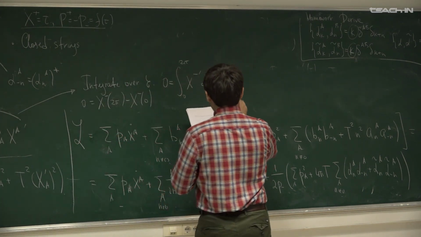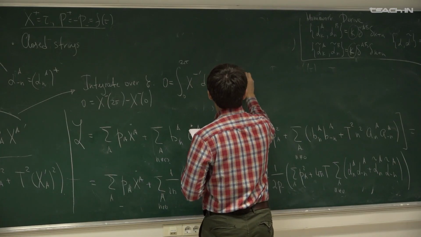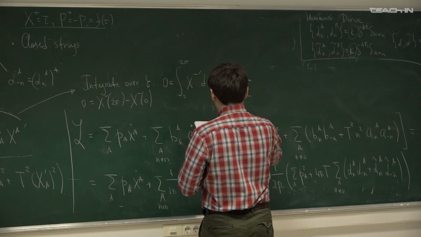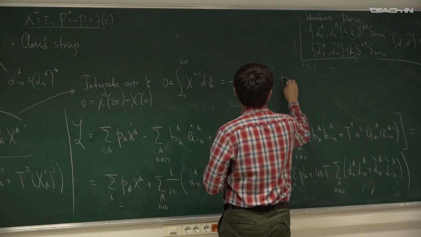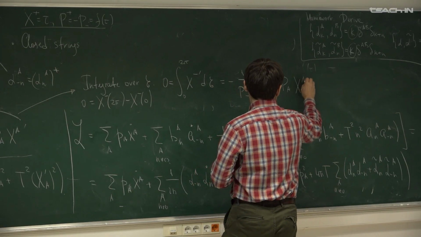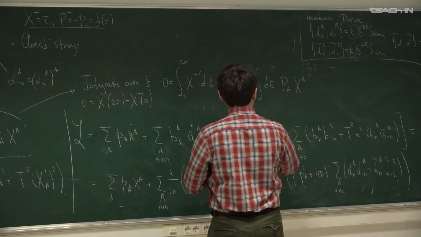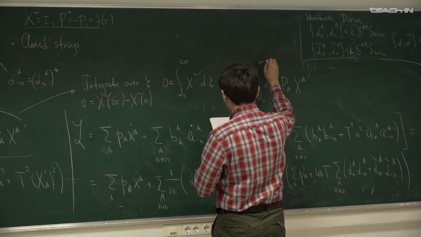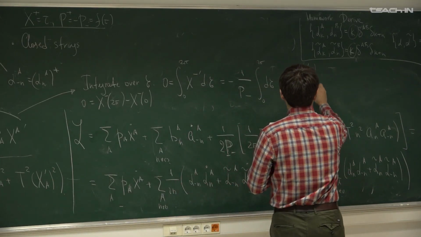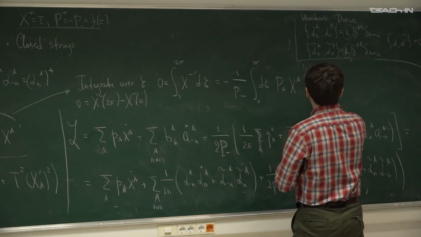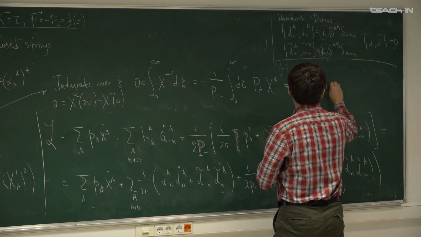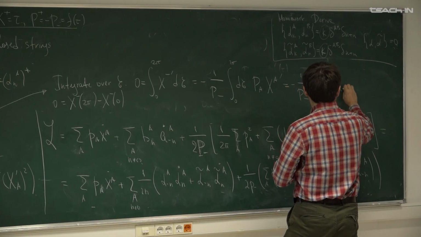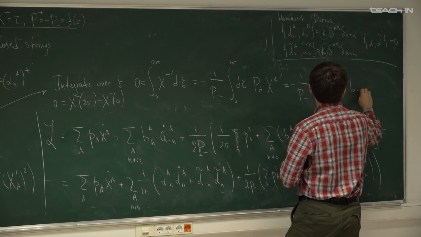On the other hand, this is minus 1 over p minus integral over d sigma of p_a x^a prime from 0 to 2 pi. And once you substitute the expression in terms of the a's and b's, this is sum of n a_n^a b_{-n}^a.